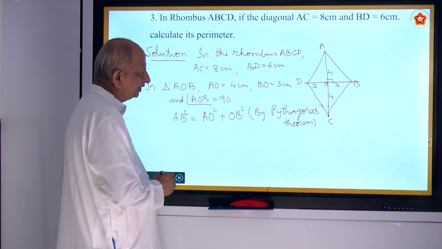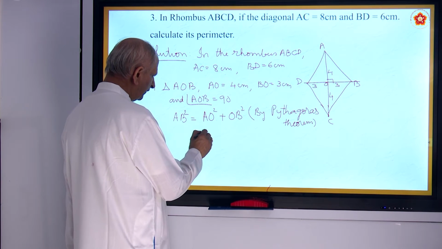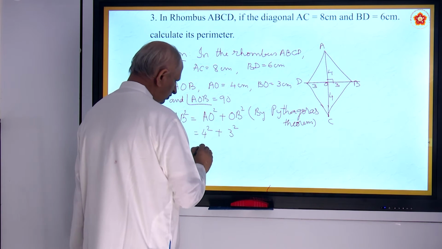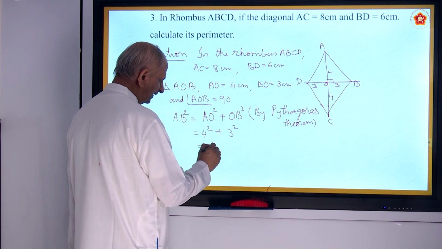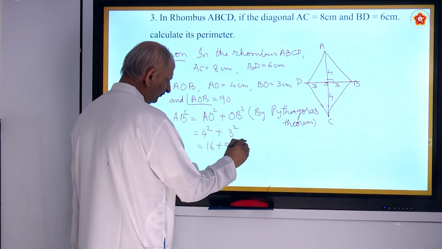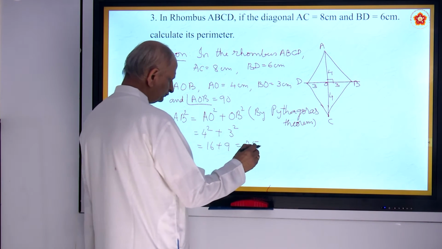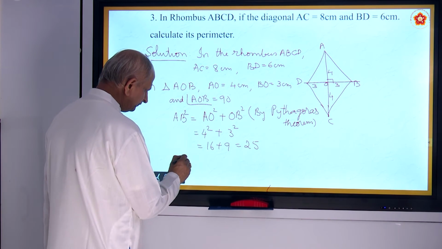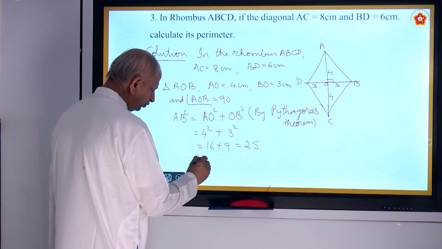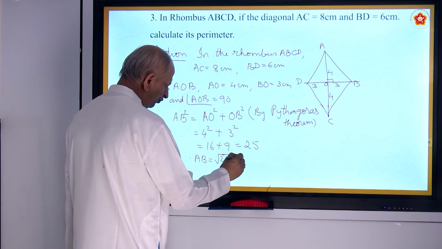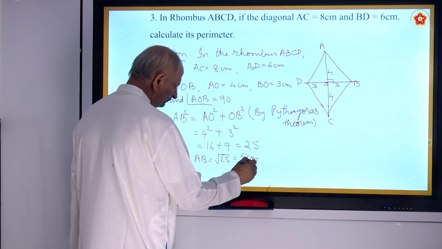Okay. Now what is AO? 4 square. What is OB? 3 square. So 4 square is 16 plus 9, that is 25. AB square is 25, which means that AB is equal to root of 25. That is equal to plus or minus 5.